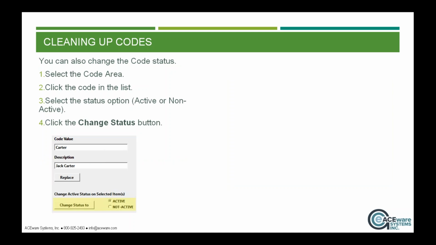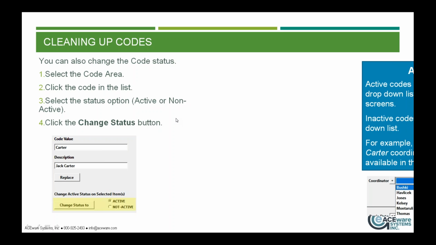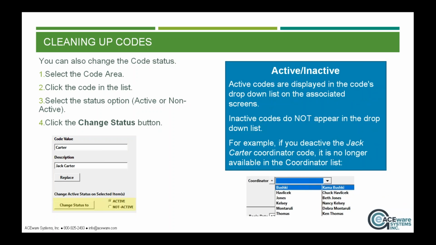And again, as I just mentioned, you can change the status, active to non-active. Now, active codes show up in that drop-down list. Inactive codes do not. The reason you do this is, again, historical. Just because you are no longer using a particular code in your day-to-day environment right now, you may have hundreds of records, if not more, that are associated with that code that you want to keep associated with that code.